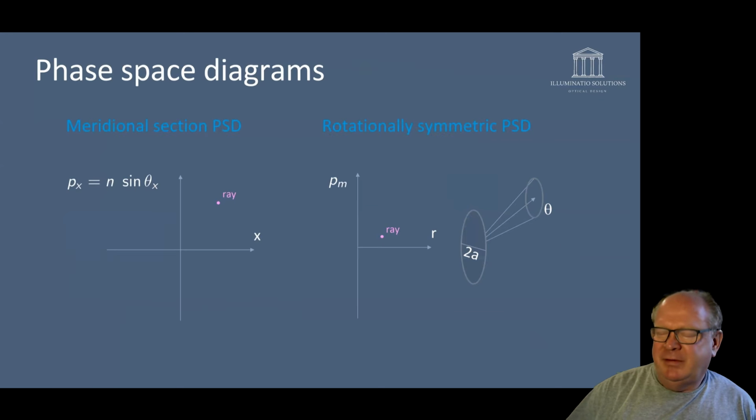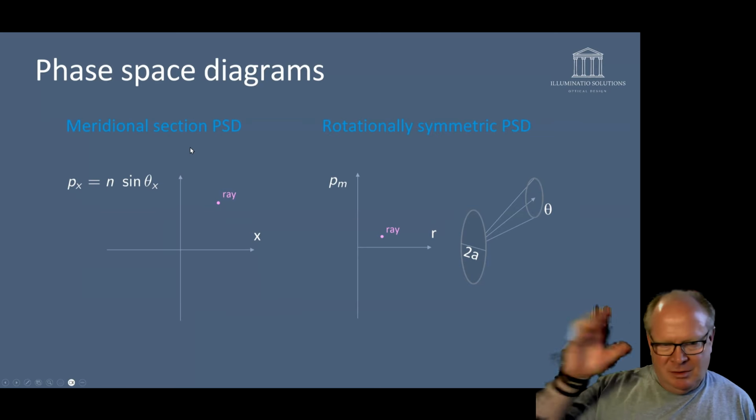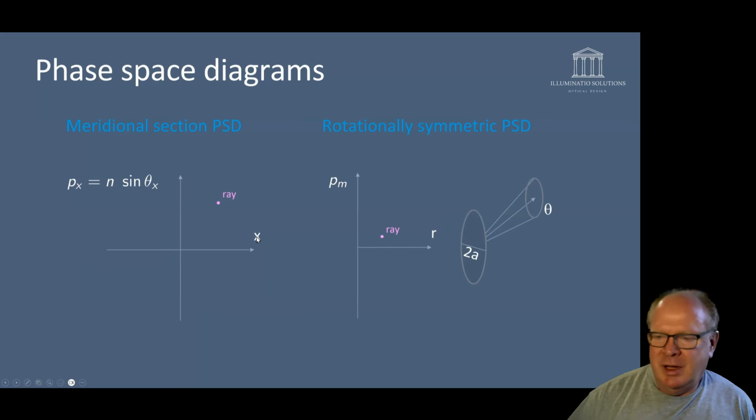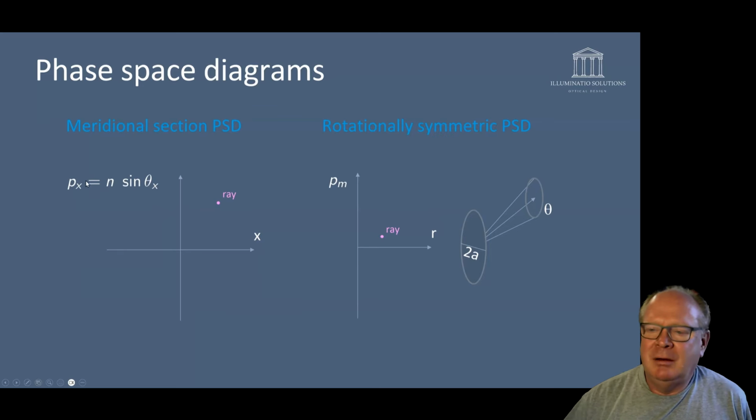The phase space diagrams come in two flavors. We may have a meridional section through our system, and then I have a local coordinate, maybe X in this plane, and I have an optical momentum or this angular definition on the y-axis, and my ray is just a point in this diagram.